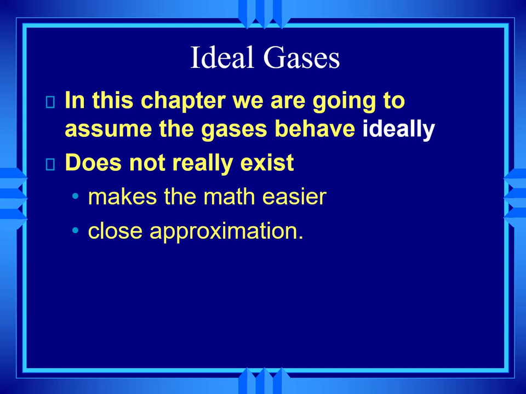They do it just because it makes the math easier? No, they don't do it just because it makes the math easier. Because it works fairly well. When we get to the end of the chapter, we start talking about what happens when you don't get to ignore that. You'll see why you don't want to solve those problems. It works fairly well.